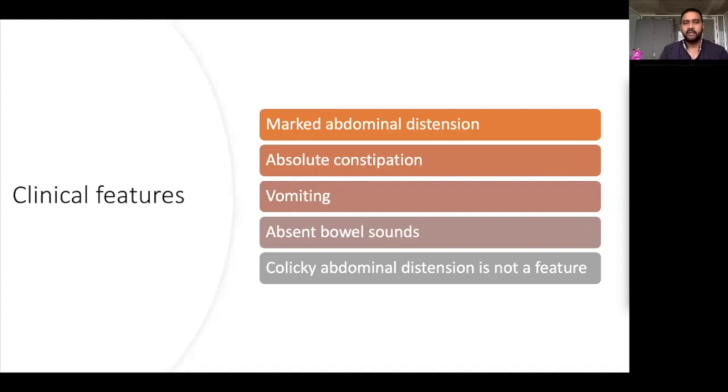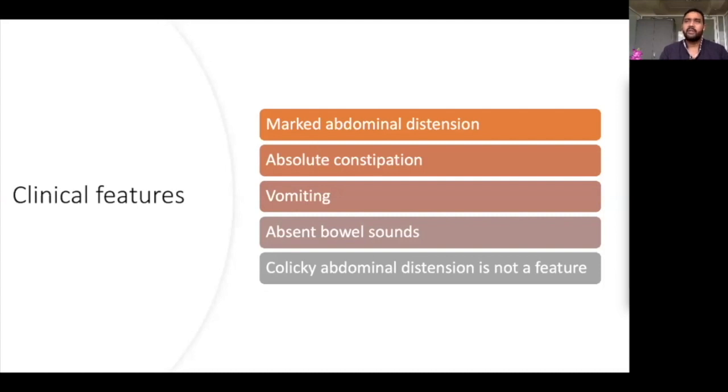Because of that, whatever the content is goes out as vomiting. But remember, this vomiting is called effortless vomiting. Why? Because peristalsis is not there. So the vomiting will appear as effortless vomiting. That is the word we use for vomiting in paralytic ileus.